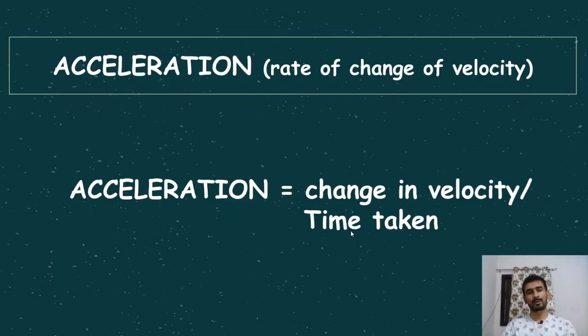One more concept comes, which is acceleration. First we studied velocity, which is the rate of change of displacement. Now we are studying acceleration, which is the rate of change of velocity. Think about you're driving a car or your bike. What do you do with the accelerator?